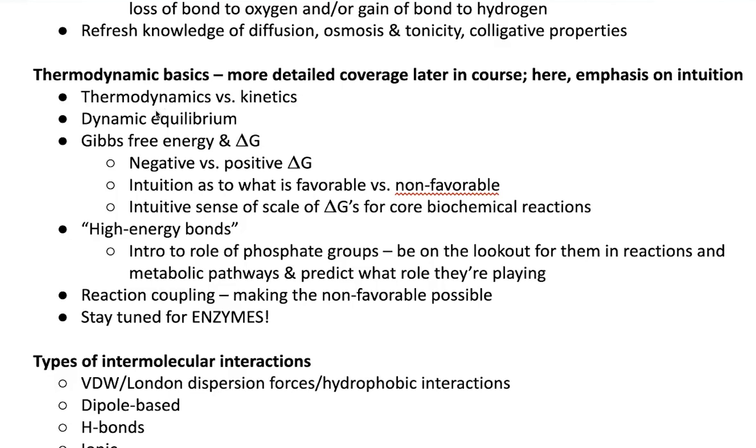Instead, you have a dynamic equilibrium where molecules are constantly going forward and backwards in, say, a reaction, but the overall concentrations remain the same. You remain at equilibrium, because equilibrium is just looking at the bulk: how many of the substrates do we have, how many of the products do we have? It's not looking at whether it's the exact same substrate molecule that we saw when we took a picture last time. So this is the idea of dynamic equilibrium.